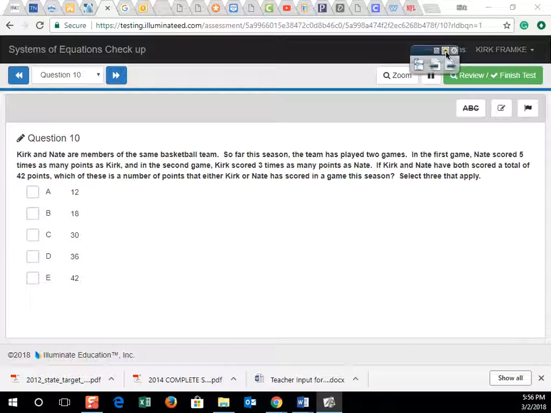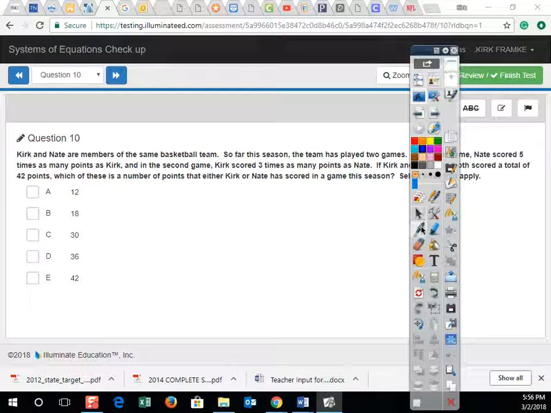All right, so here we go. So first we know that in the first game, n is equal to 5k. In the second game, we know that k is equal to 3n.